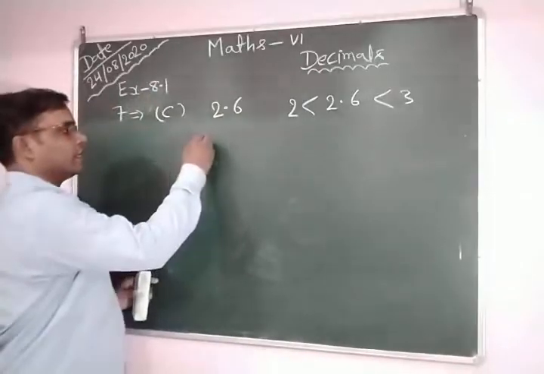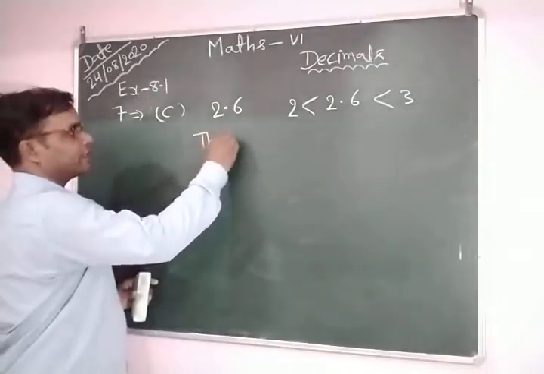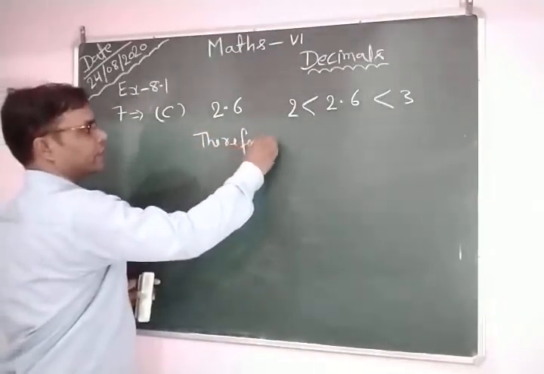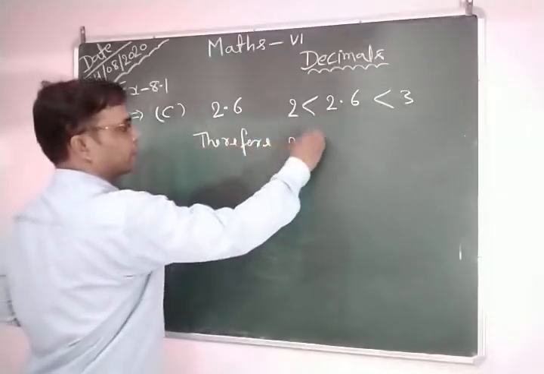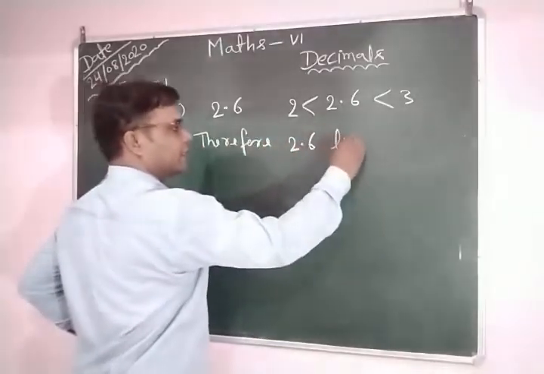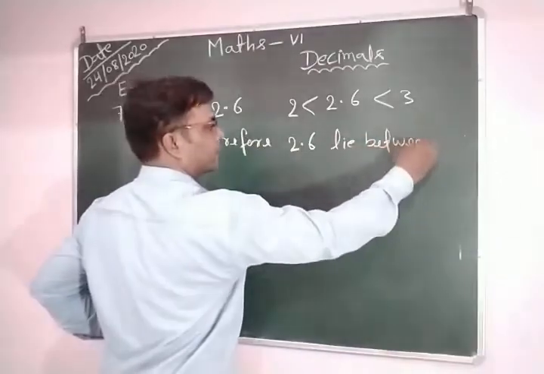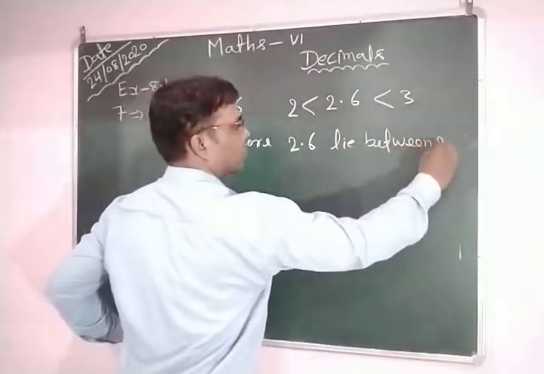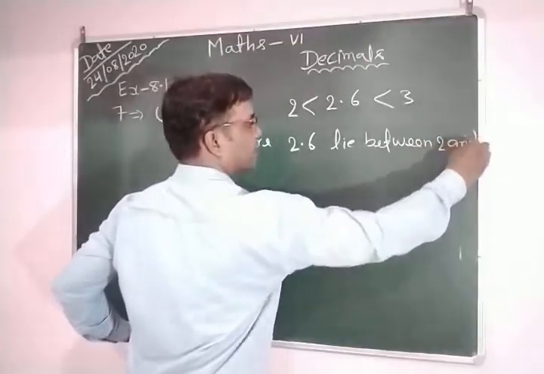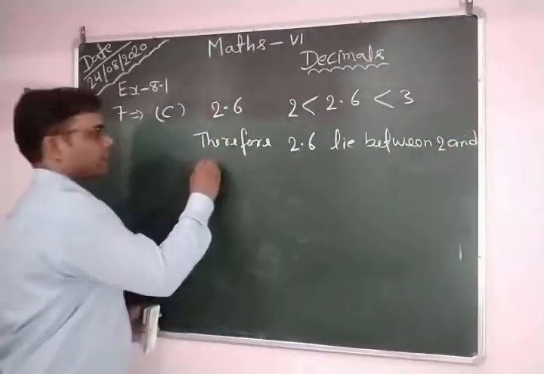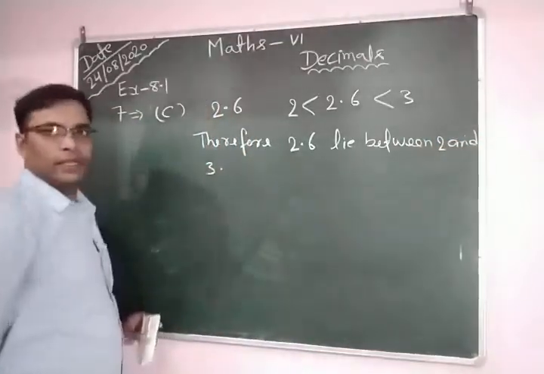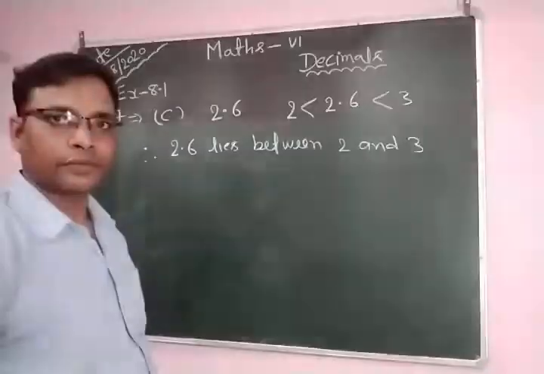Therefore, you can write here 2.6 lies between 2 and 3.